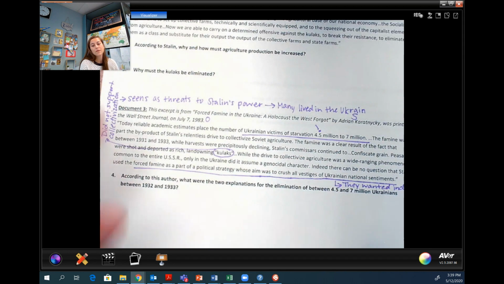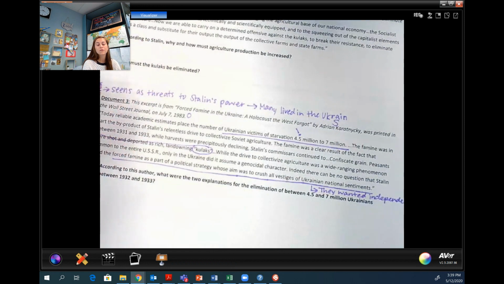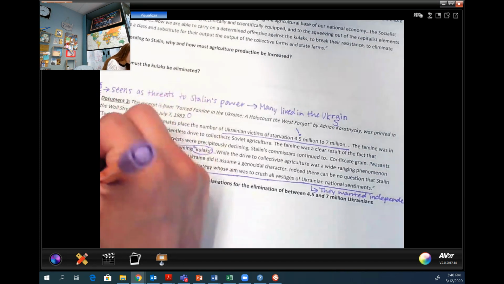Stalin could not have a country that wanted independence if he was going to be able to be successful with his 5-year plan and with communism. And so according to this author, what are the two explanations for the elimination of about 4.5 to 7 million Ukrainians between 1932 and 1933? And so I'm going to go ahead and write it down.